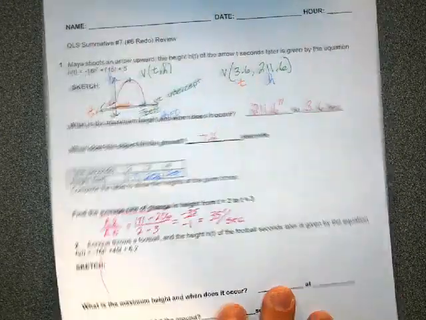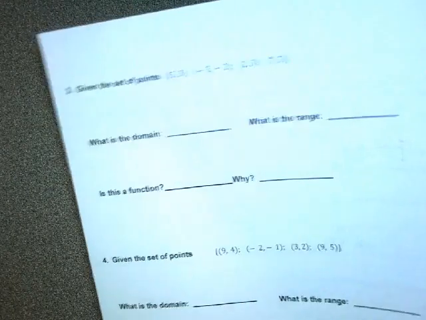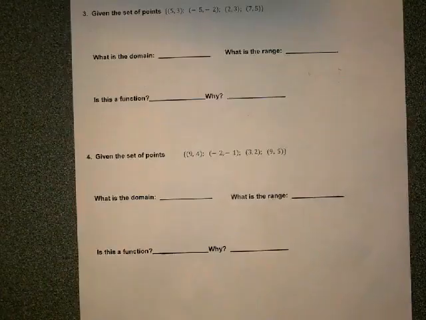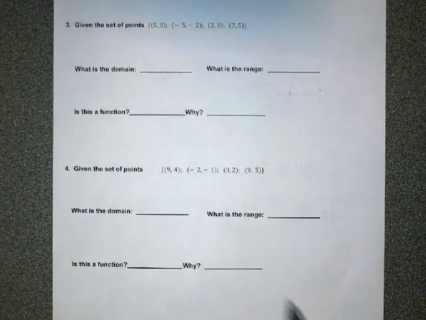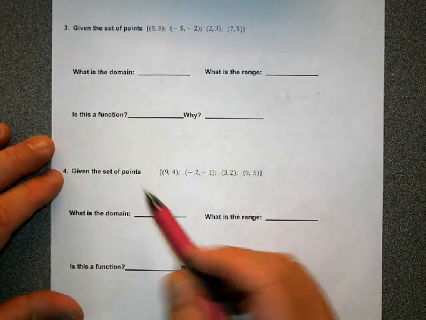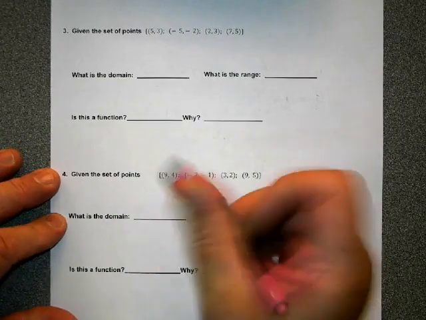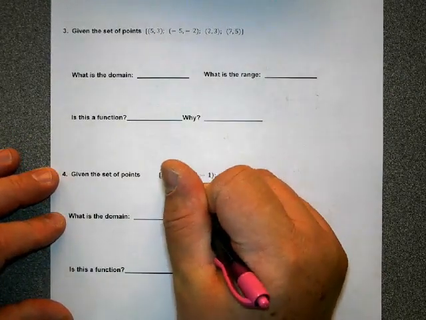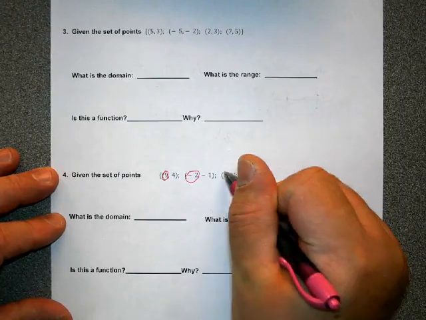Let's do now. You guys worked on this yesterday on the slide, right? What's a function? Okay, the domain, we told you this yesterday, are all the x values. This is a set of points.